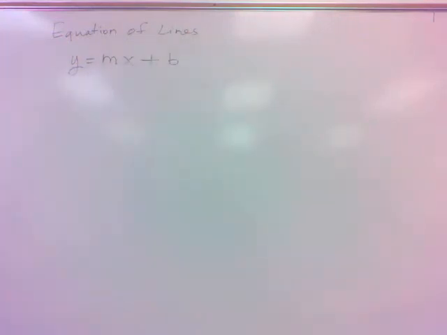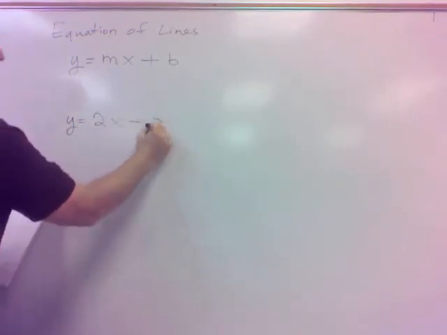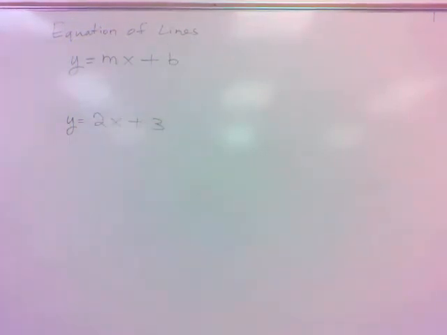That's when you see a line, generally speaking, that's what you want of a line. You want y equals mx plus b, and that's similar to a couple of ones I did earlier. The example number 1 that I had up here was y equals 2x plus 3.